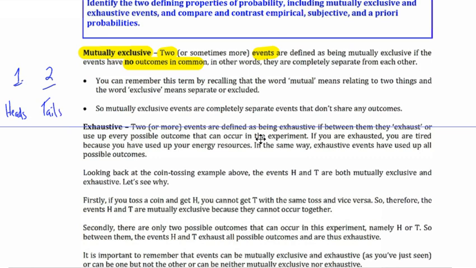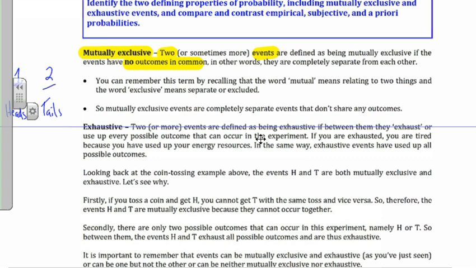They are called mutually exclusive. Heads and tails are mutually exclusive, because when I toss the coin, I can either get heads or tails. They can't occur at the same time, unless you get some trickster who can manage to flip the coin directly in the middle somehow. Not likely. That's mutually exclusive.